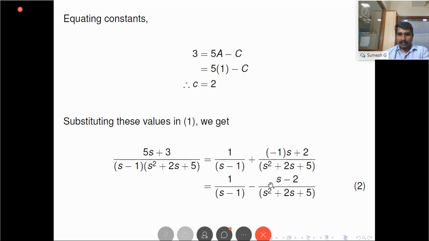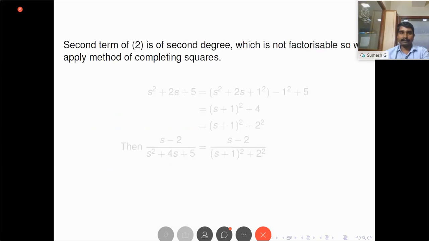Now consider the denominator of the second term in equation 2, which is of second degree and is not factorizable. So we have to proceed like the above problem. We have to convert this expression into a square form by the method of completing squares.